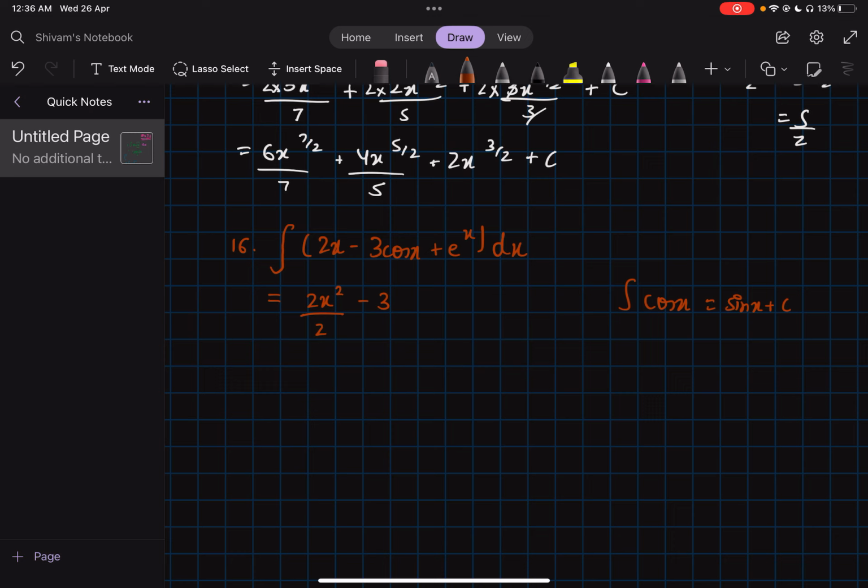So for negative 3 cosine x, it's going to be negative 3 sine x. We're going to write the plus c at the end anyway. Then for e to the x, it's going to be just e to the x plus c. Then this 2 and that 2 cancel. Just x squared minus 3 sine x. Sorry, sine x plus e to the x plus c.